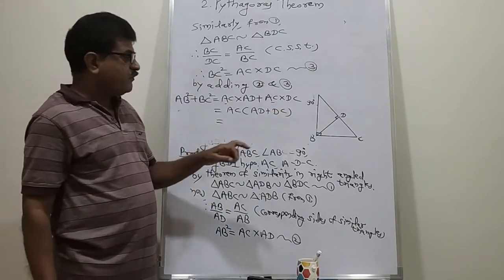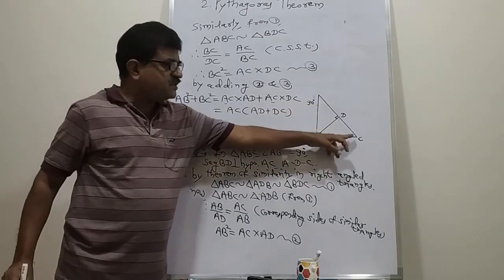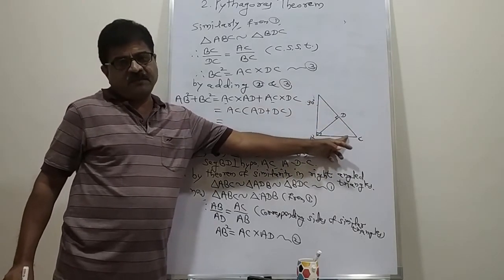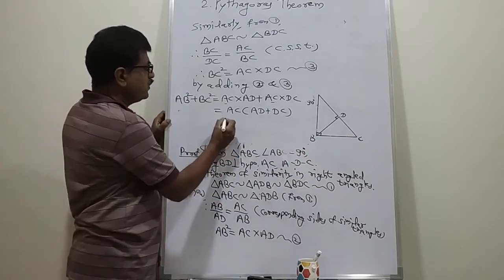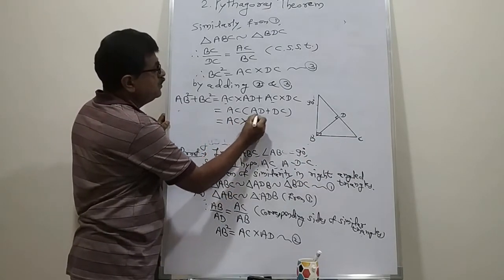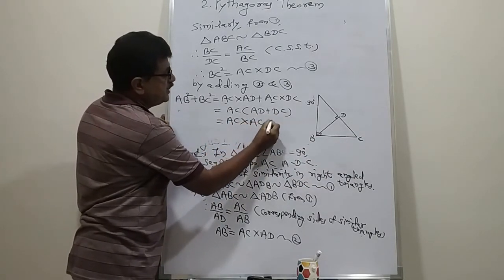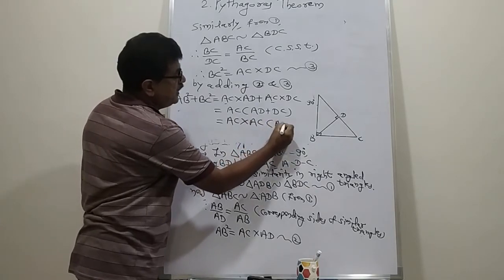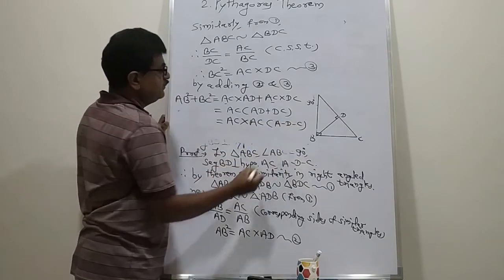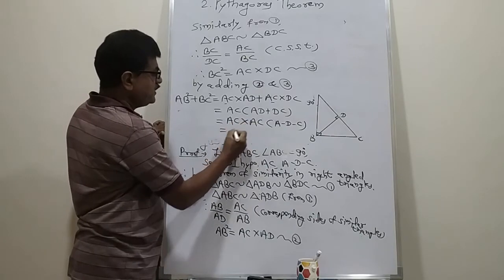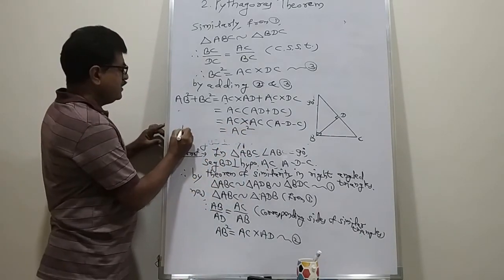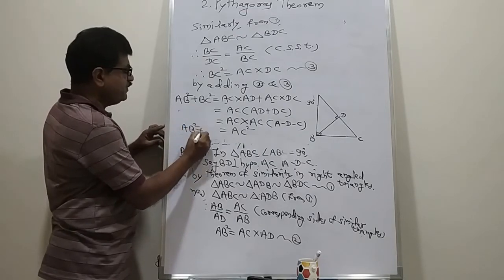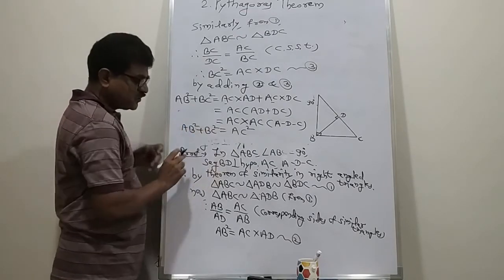Now from the figure we can write AD plus DC as AC, since A-D-C. Therefore AC into AC, write down in bracket, reason is A-D-C, is equal to AC square. Here AB square plus BC square is equal to AC square.